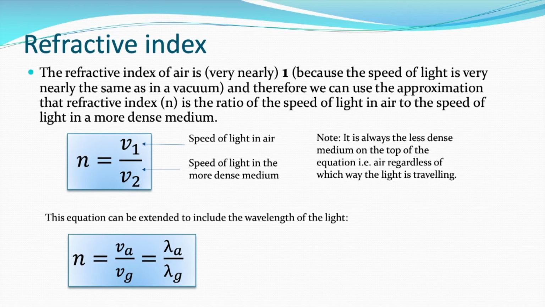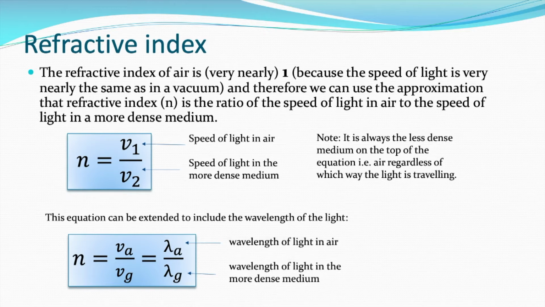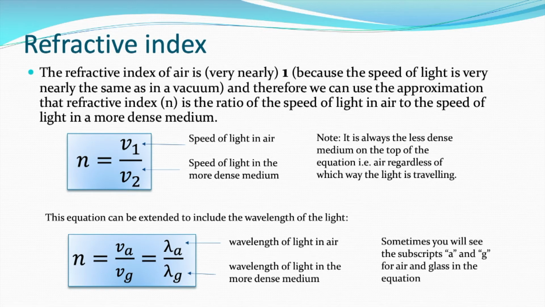The ratio of the wavelength in air divided by the wavelength in glass is also equal to the refractive index. So there's our wavelength in air, wavelength in glass, or the wavelength in the more dense medium. The wavelength of the light in air divided by the wavelength in the more dense medium also gives you the refractive index, gives you that number. It's a ratio, doesn't have any units.